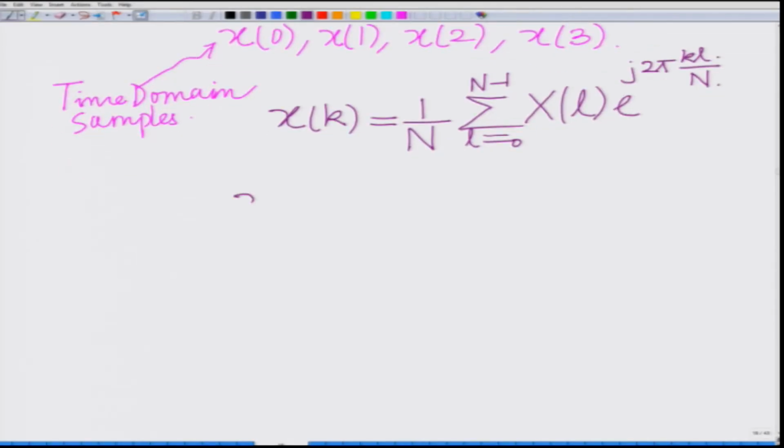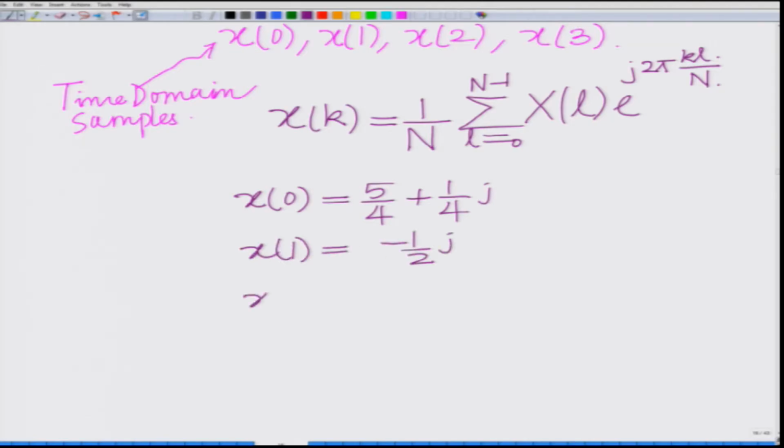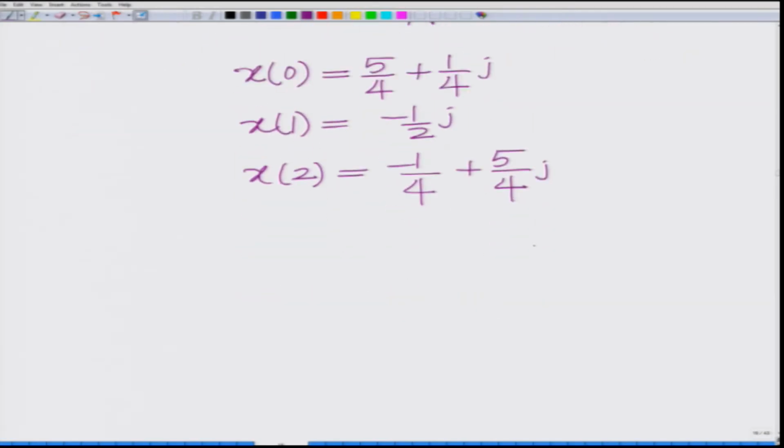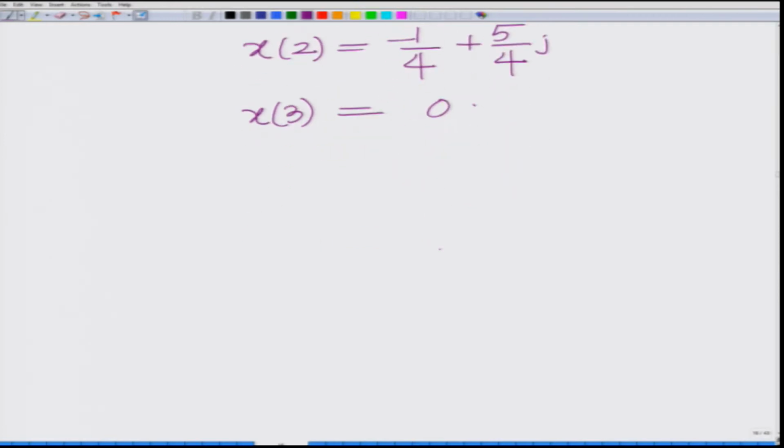So, the time domain samples are given as x0 equals 5 by 4 plus 1 by 4 j, x1 equals minus half j, x2 equals minus 1 by 4 plus 5 by 4 j, and x3 equal to 0.